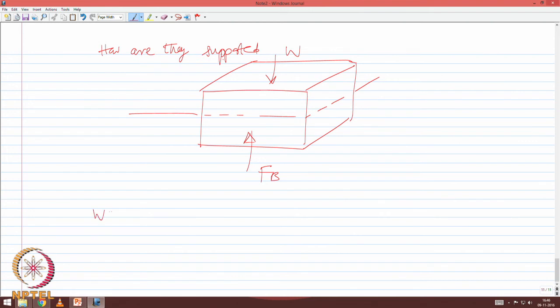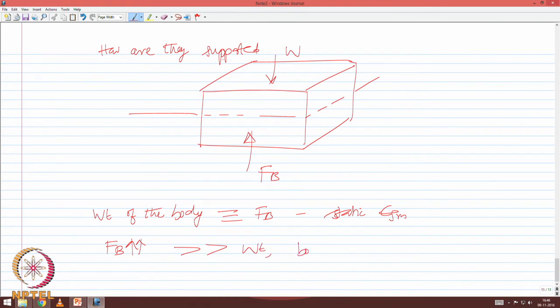If the weight of the body and the buoyancy force acting on the body are made absolutely equal, the body will remain in what we call static equilibrium. But if it is in a system where the buoyancy force which is acting upward exceeds the weight, the body can float.